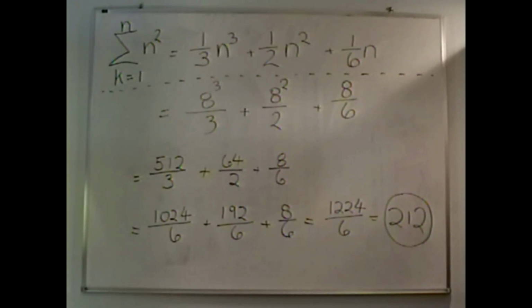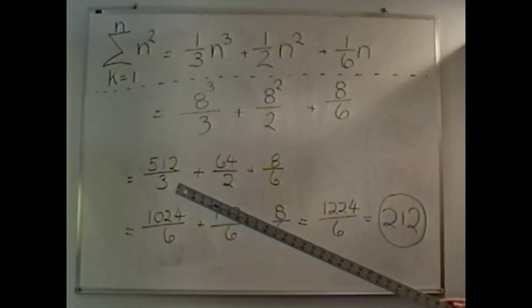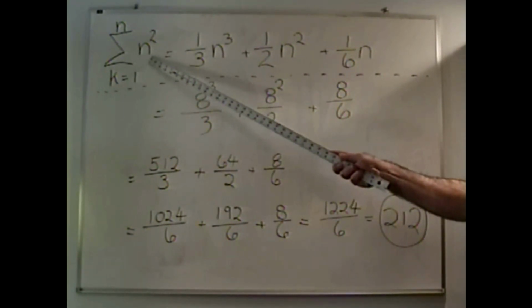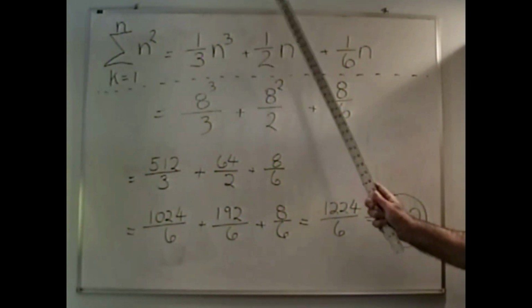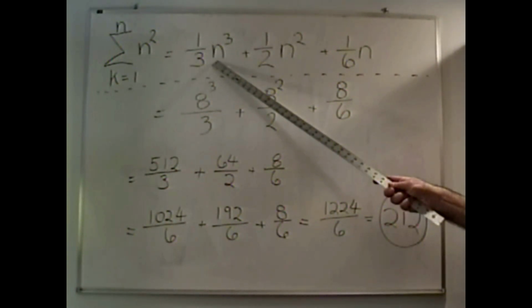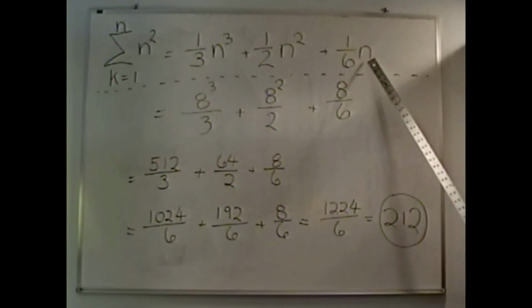Okay, let's use the whiteboard now to delve a little more deeply into this concept of the excess above 1/3 that we just calculated. According to math textbooks, when you take the sum of the squares of the first n positive integers, you get 1/3 times n cubed plus 1/2 times n squared plus 1/6 times n.